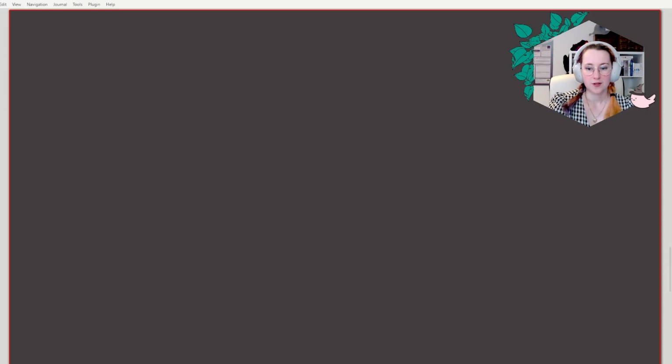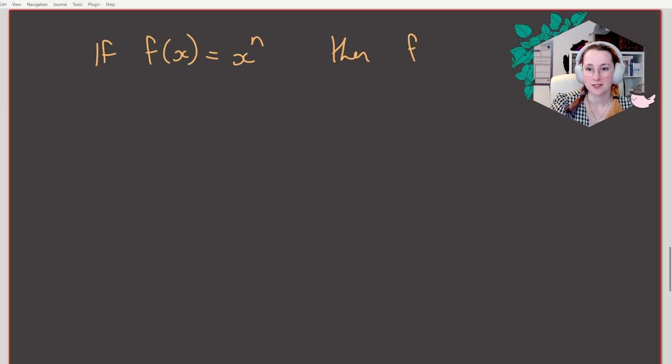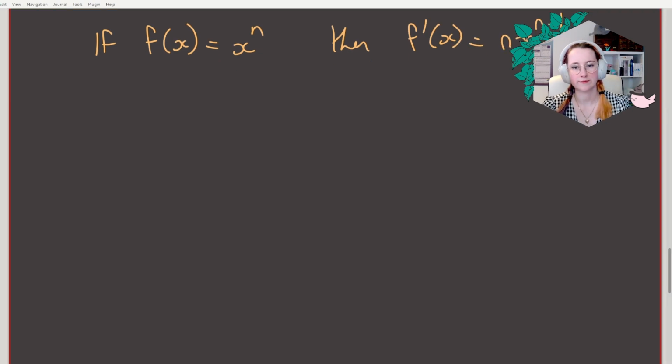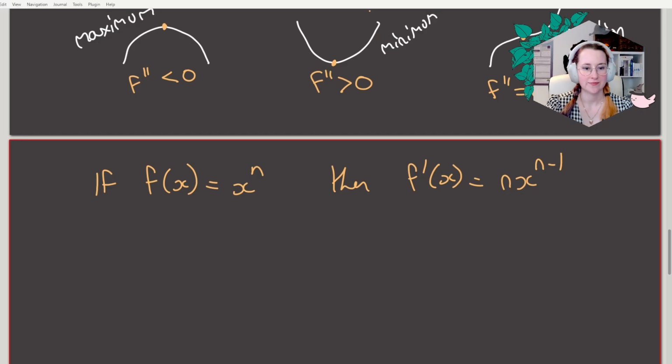As a recap, for a general function, if f of x is x to the n, then f prime of x is nx to the n minus 1. And then the anti-differentiation, which is definitely not the correct phrasing, the opposite function, is integrating.